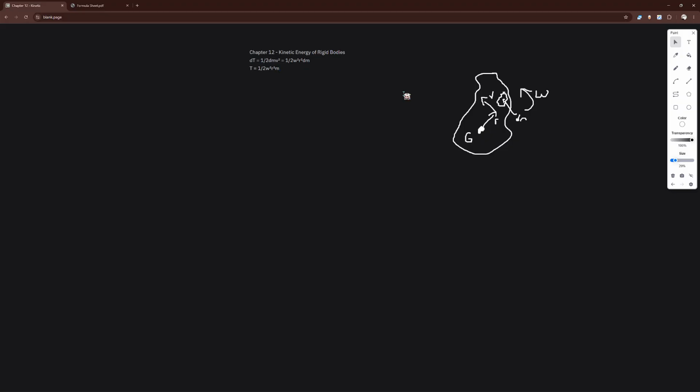Now, something we need to know, and this is going to help a lot with calculations, is something called the mass moment of inertia. We have an equation for the mass moment of inertia: the integral of r squared dm is equal to I. I is the symbol for moment of inertia.